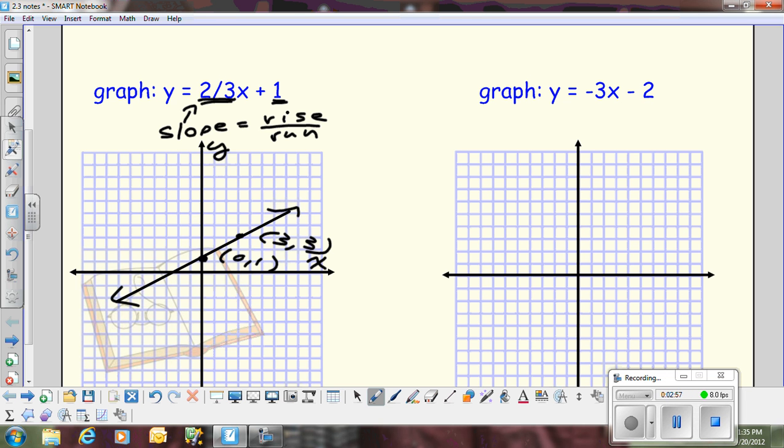So, things I'm going to grade when I grade your graphs. After you write the number on your paper, write the equation on every one. When you draw your graph, label your x-axis and your y-axis. That's going to be a point.